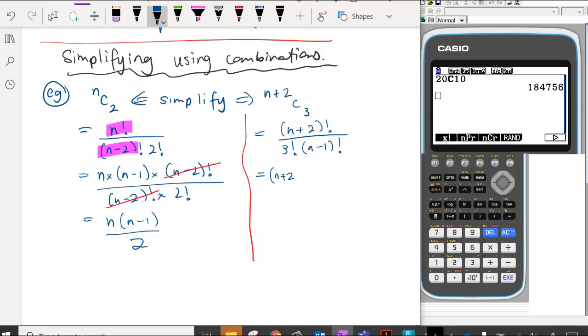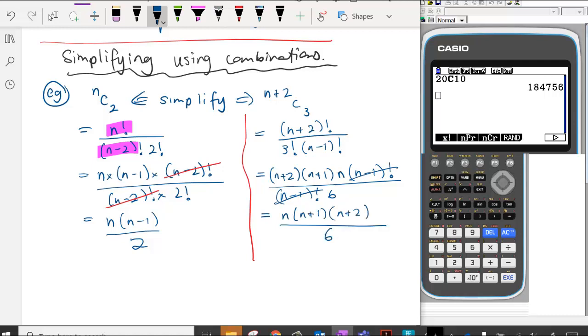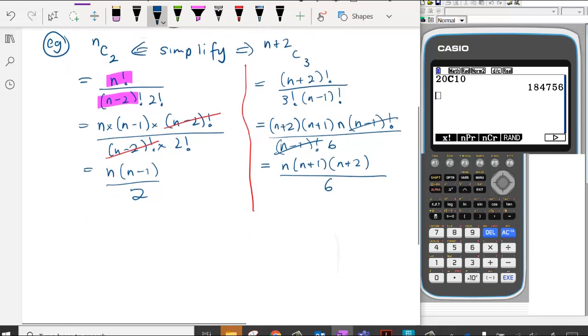So we've got n plus 2, we've got n plus 1, we've got n, and then we've got n take 1. So we've just gone down, decreasing by 1 each time until we got to n take 1. Now n take 1 is on the denominator, and we've got a 3 factorial, which is equal to 6. So we've got our cancellation, and we end up with n(n plus 1)(n plus 2) over 6. That's nice and easy. Now we're going to ramp it up.